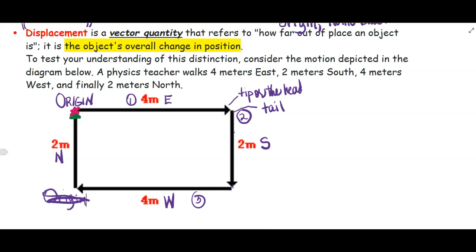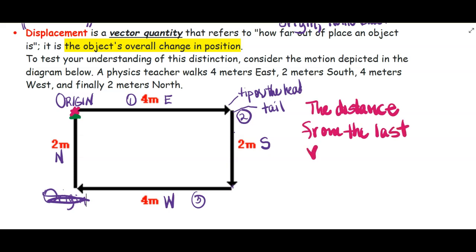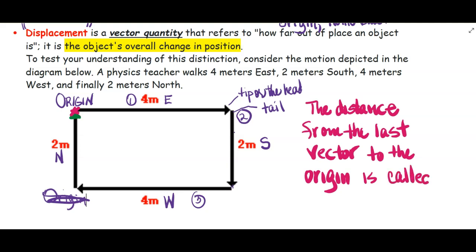So if we measure the distance from the last vector to the origin, it is called the result. I'll show you what it looks like. It's called the resultant.